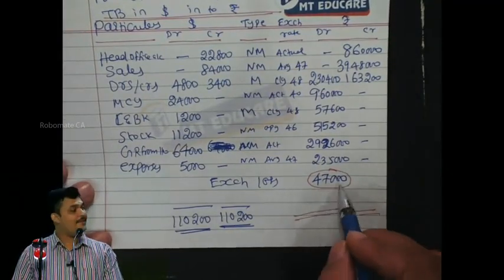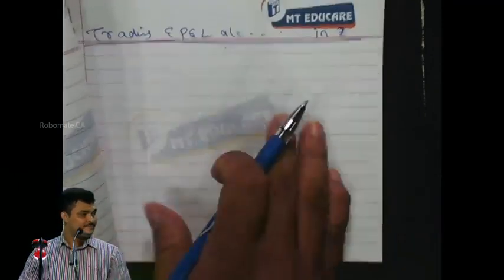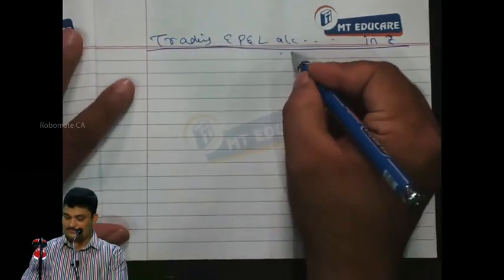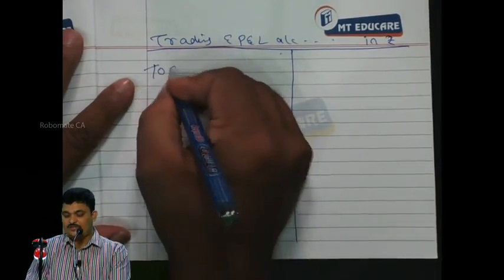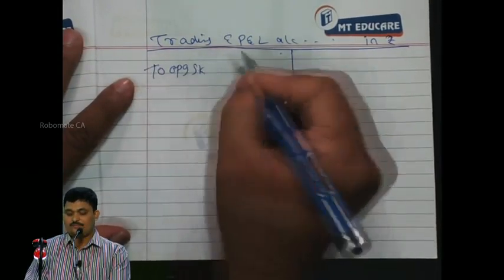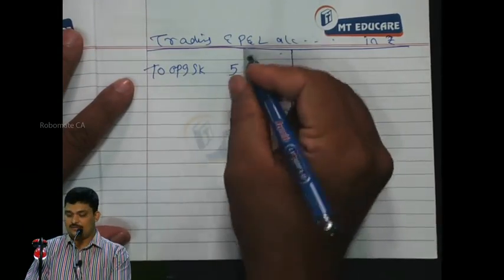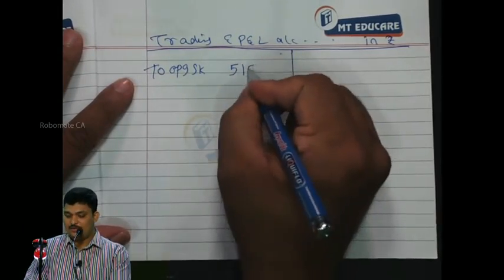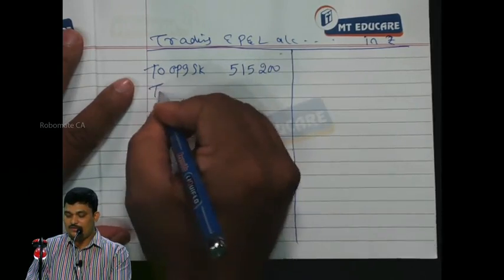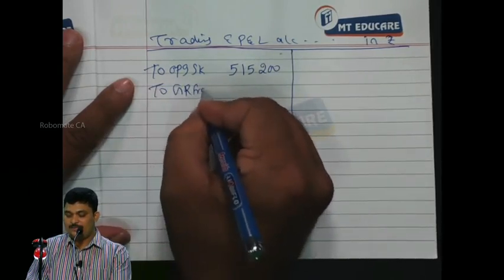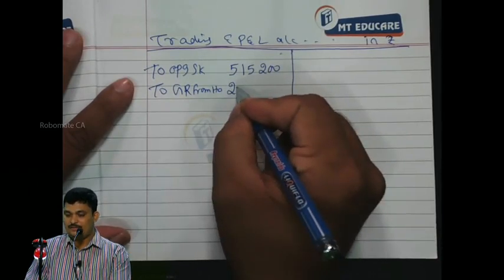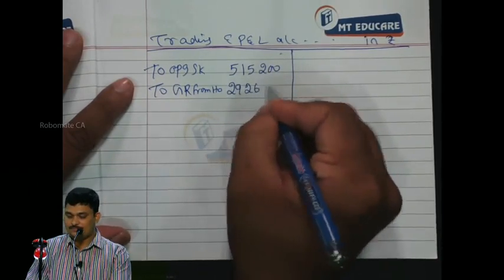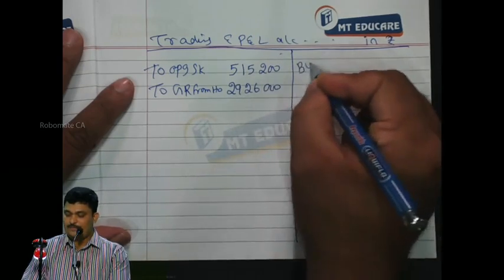So you are getting the difference in the debit only. Now listen friends, opening stock. Help me out. 5 lakh. 200. Goods received from head office. 29. By sales.